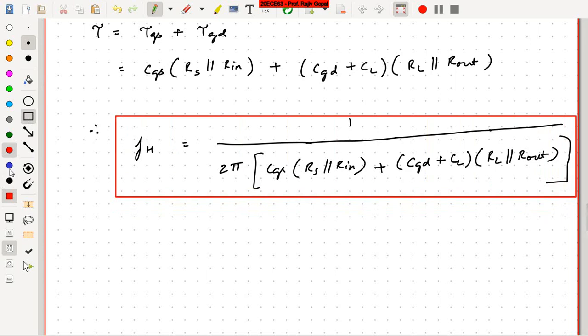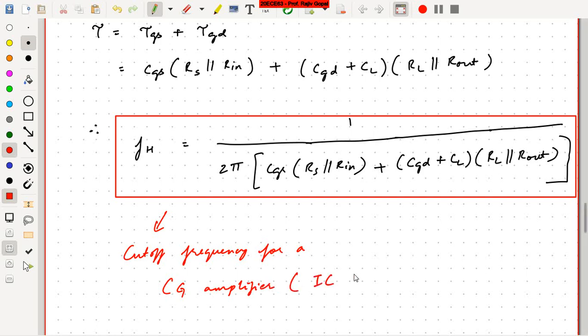So this is the actual cutoff frequency for a CG amplifier. In brackets I will write IC amplifier.